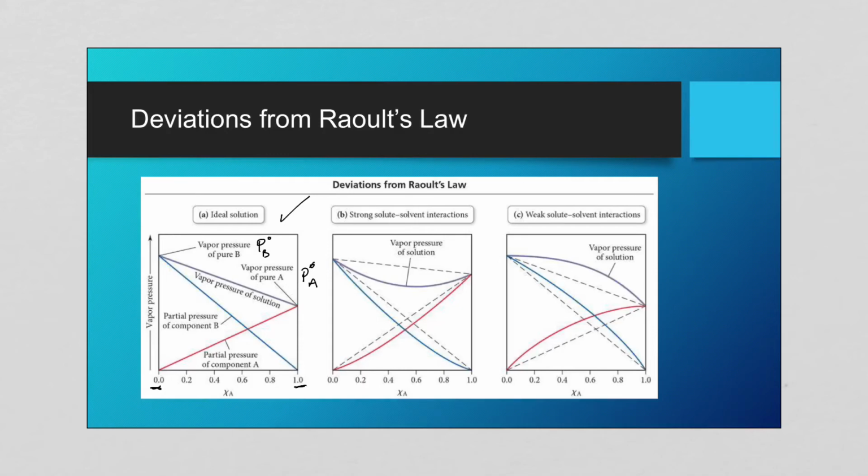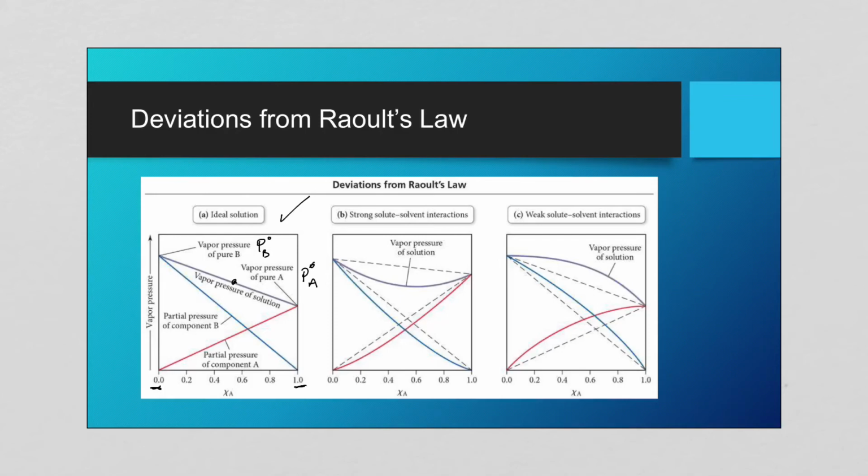Now, as I adjust the mixture, we get a weighted average here. So if I have a 50-50 mixture, it's going to be halfway in between, if I were to draw a line connecting these.